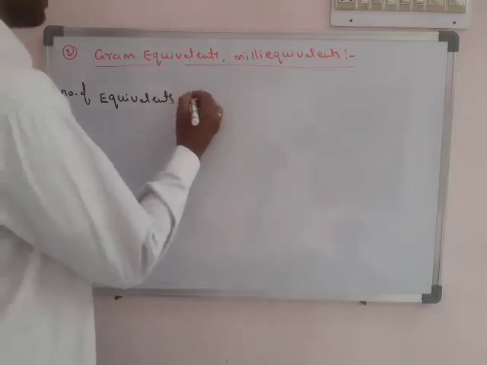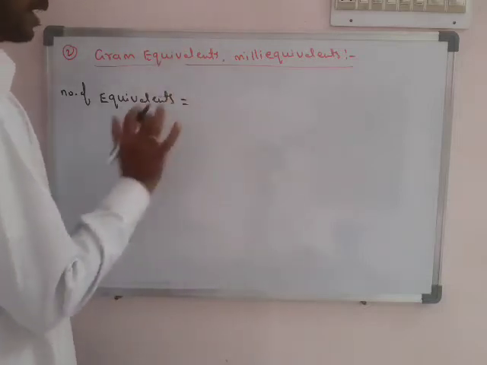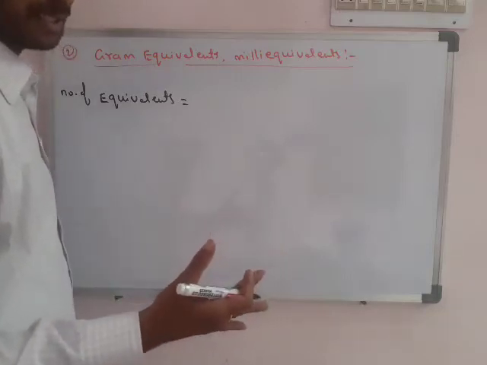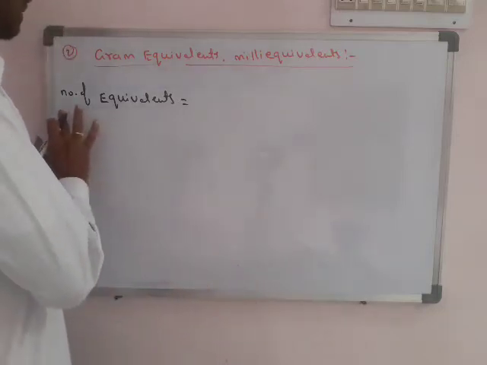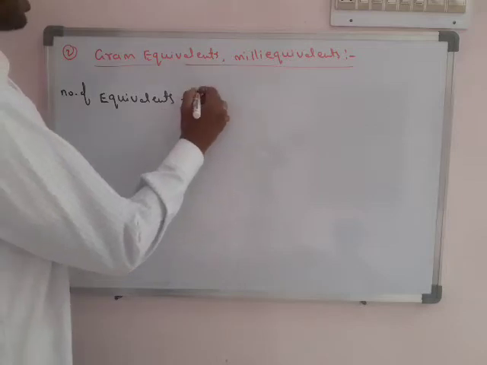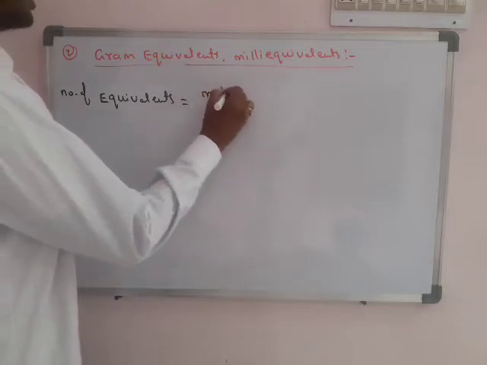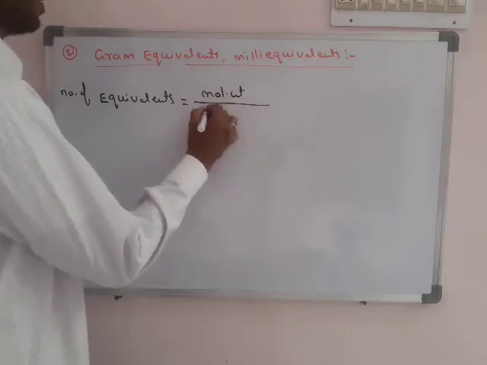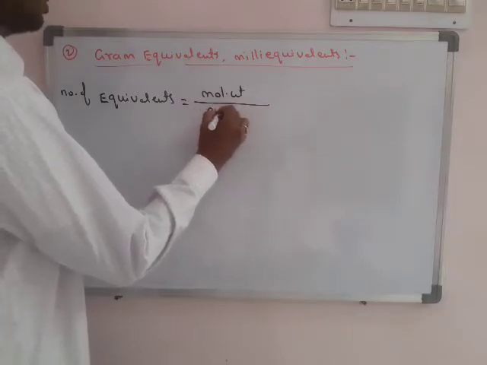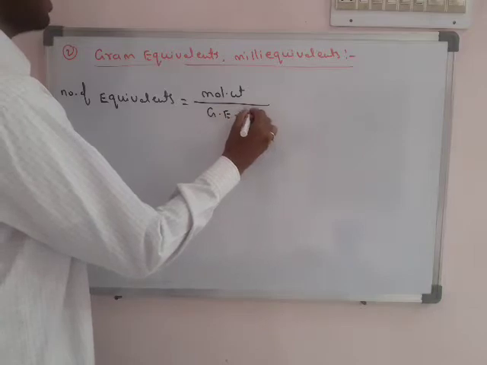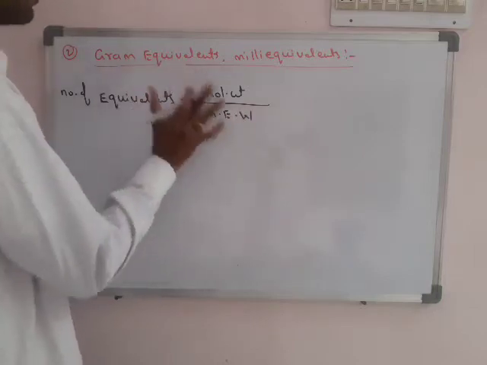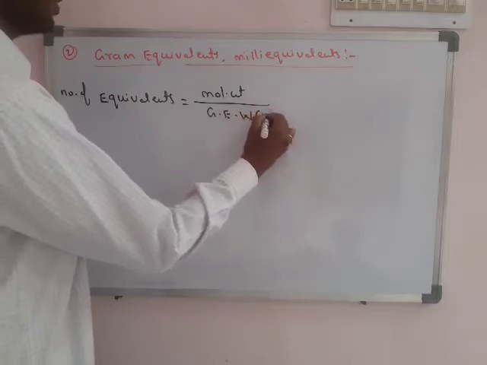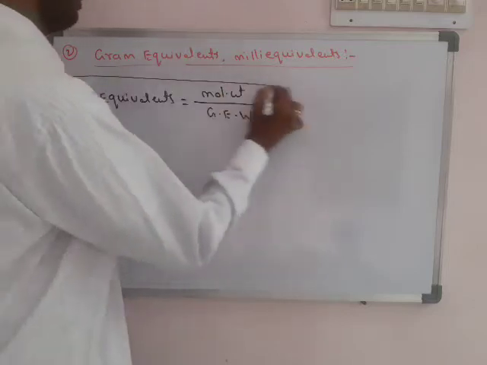Number of equivalents, or gram equivalents, since we mention it in terms of grams, it is treated as gram equivalence. Generally we can say the number of equivalents is equal to weight divided by equivalent weight, which is also called gram equivalent weight. Gram equivalence is different, gram equivalent weight is different. Gram equivalent weight we simply indicate with capital E.